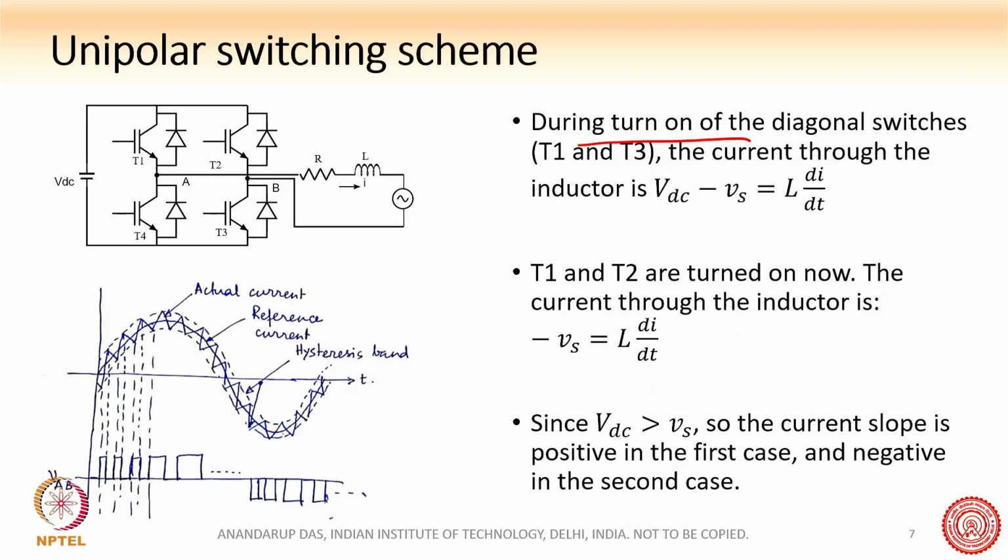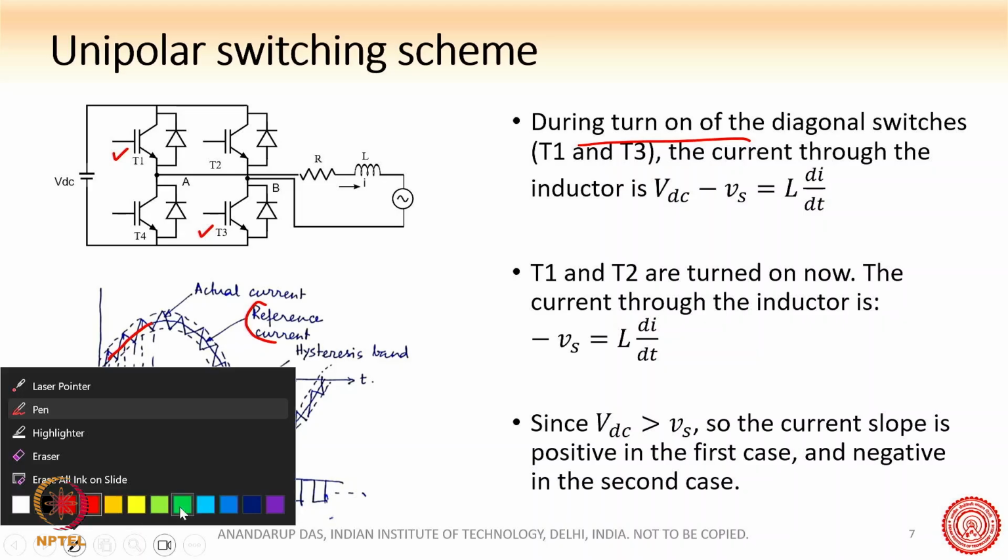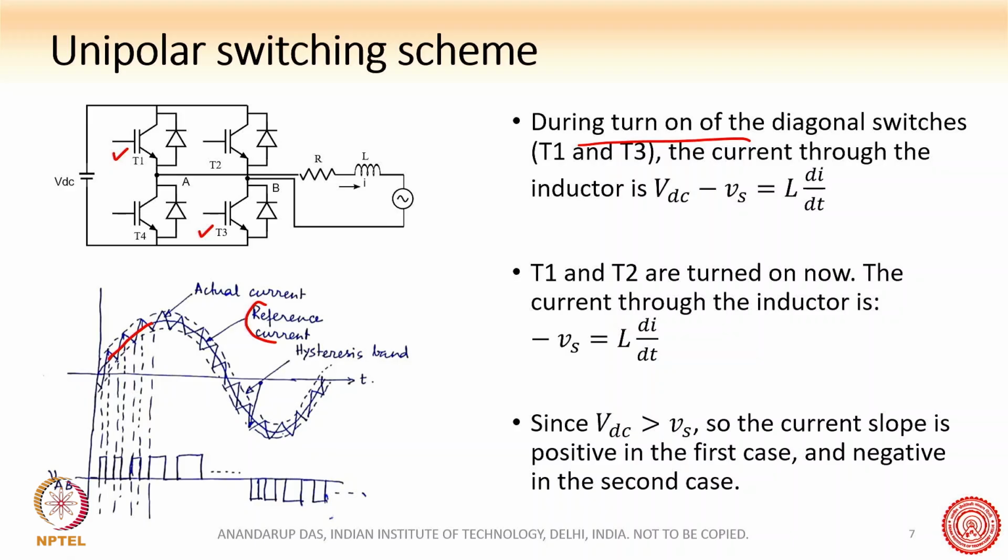At first these 2 switches are turned on. You have a reference current, this is the reference current here. Suppose the actual current is starting to rise. It will rise now.